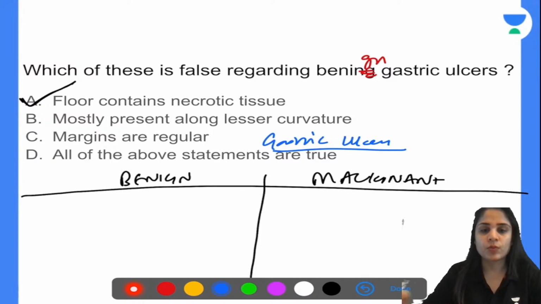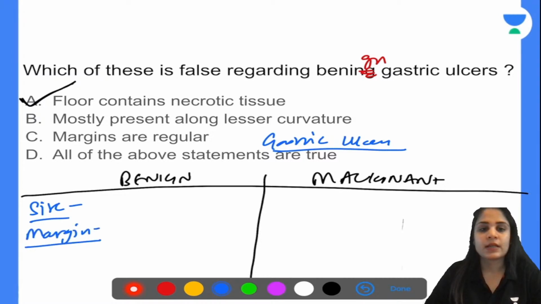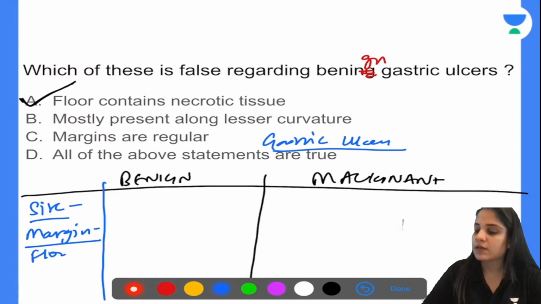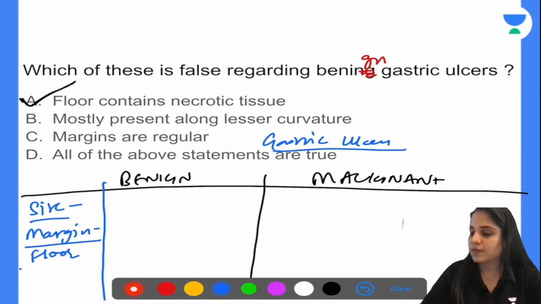So, where is the site of benign gastric ulcer? That is the first question. How are the margins of benign gastric ulcer? Benign versus malignant. Site, margin. Then third will be the floor contains what kind of tissue. How are the edges of the ulcer?